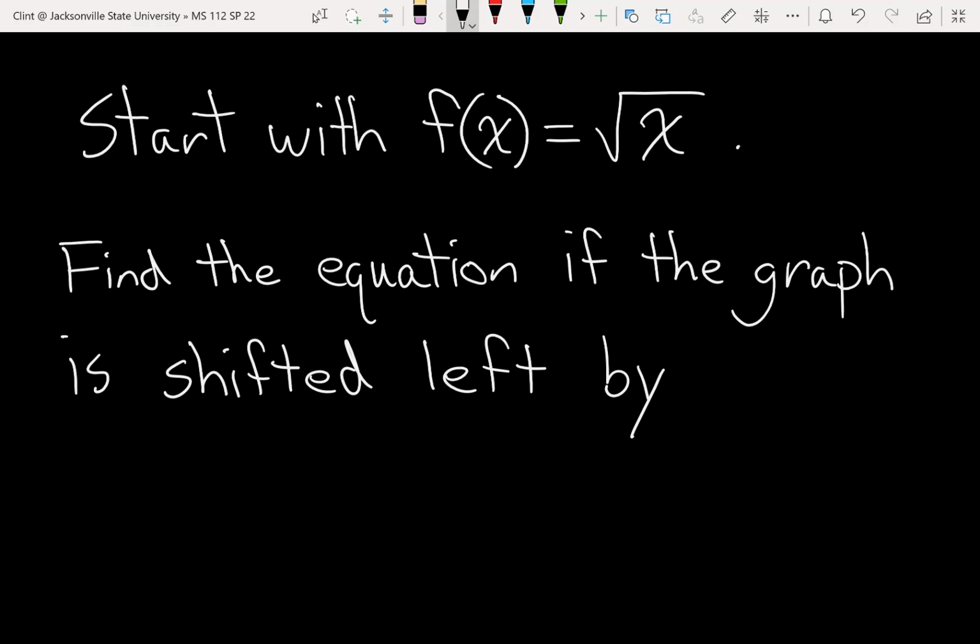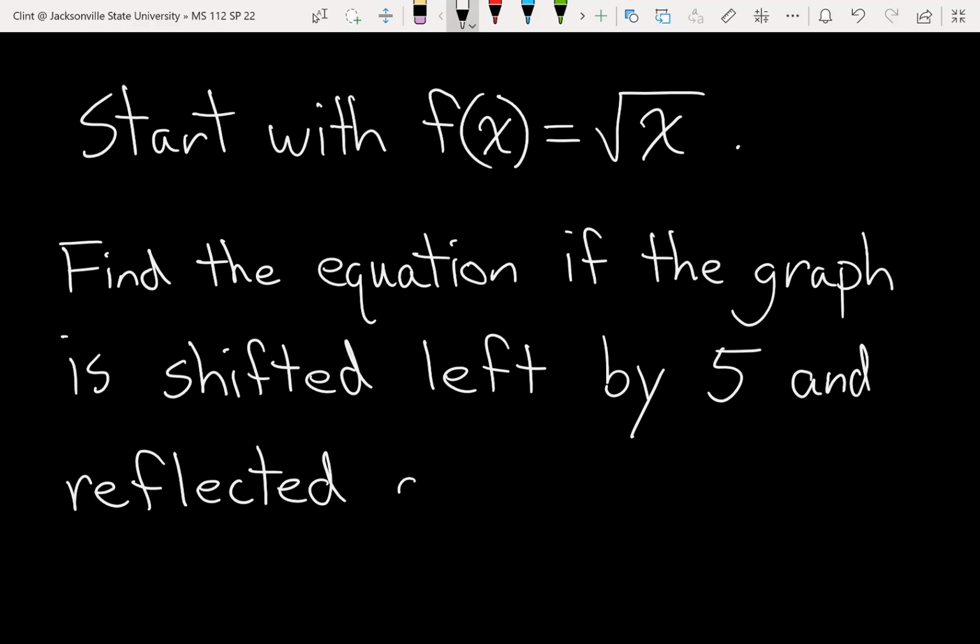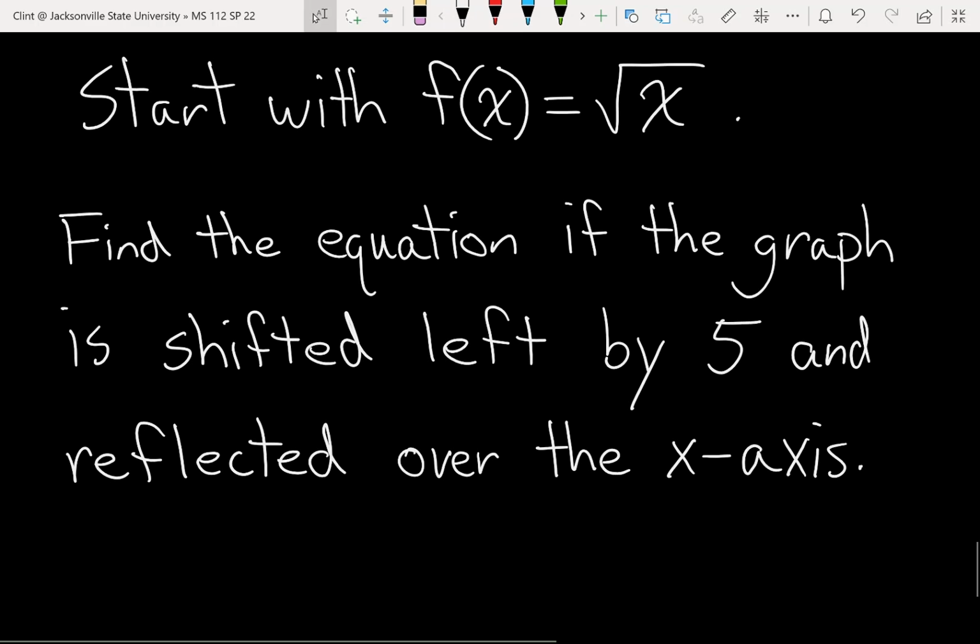So we want to find the graph that's been shifted left by 5 units and reflected over the x-axis. Okay. So we want to go left 5 units.